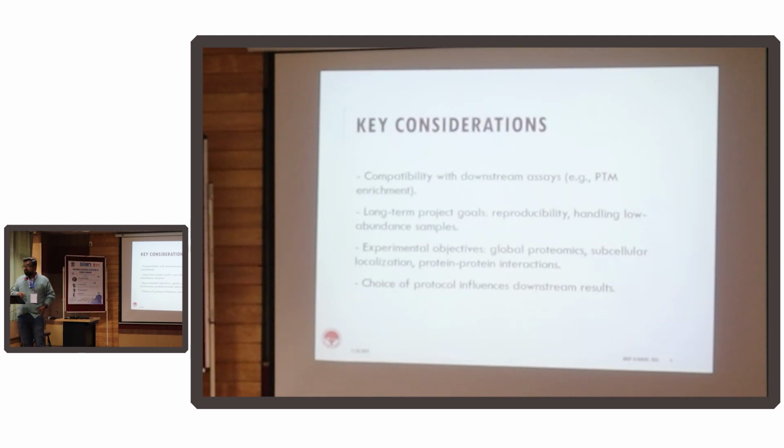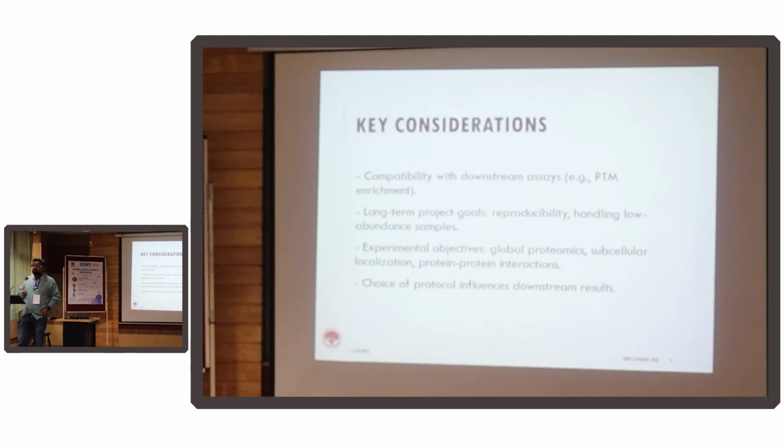And of course, you want to do global proteomics. So suppose you want to check all the proteins in the brain, all the proteins in the liver, and all the proteins means membrane proteins, it means cytosolic proteins, it also means mitochondrial proteins.